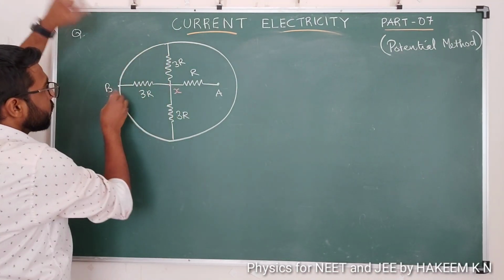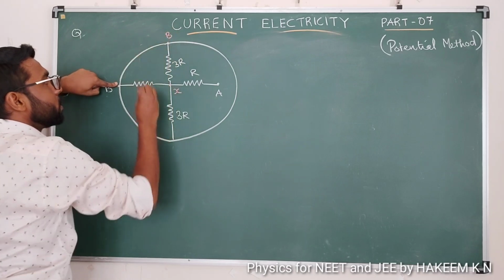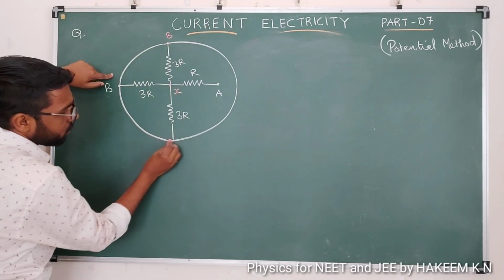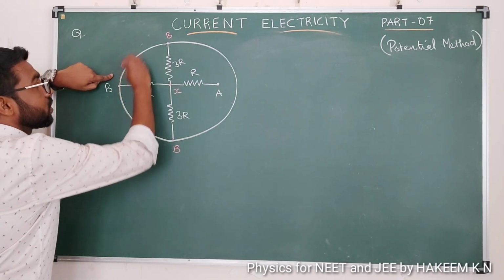And now you can see if this point is B, this also will be B because there is no network here. And this point also B because there is no resistance here.